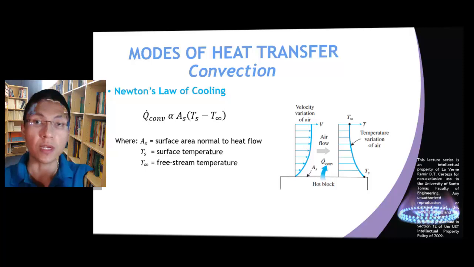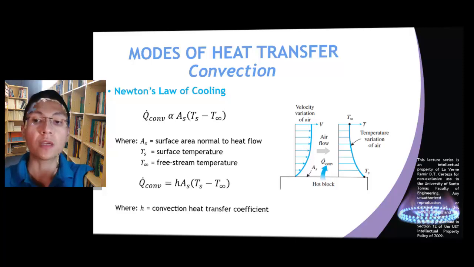It must be stressed that the free stream temperature, T sub infinity, is measured at the portion of the fluid flow which is unaffected by the presence of the surface. The proportionality constant that we use in turning this proportionality statement into an equation pertains to the convection heat transfer coefficient. This is denoted by small letter h.